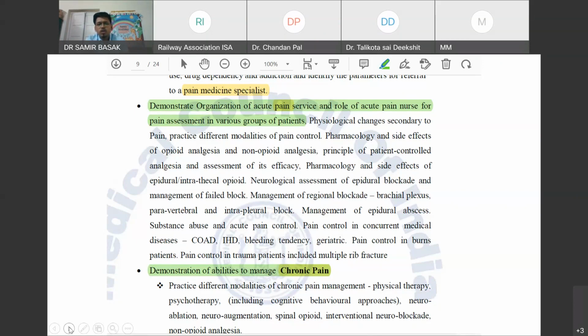Next comes neuroaugmentation, like vertebral fracture management, vertebroplasty, and kyphoplasty. Spinal opioid, interventional neuroblockade, and non-opioid analgesia are all in chronic pain. These are all in the DNB or MD syllabus, not only in the pain subject.